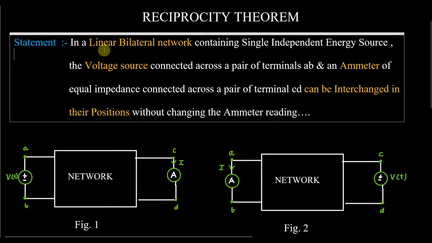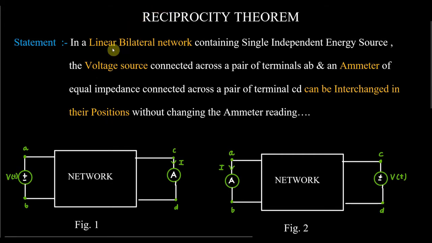Fine. So here I have written the definition, or we can say the statement, of the reciprocity theorem, which says that in a linear bilateral network, the network consists of linear and bilateral elements. Now what is meant by linear and bilateral? Linear means the circuit consists of linear elements, so resistance, inductance and capacitance.